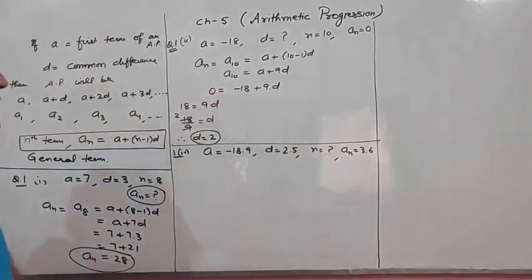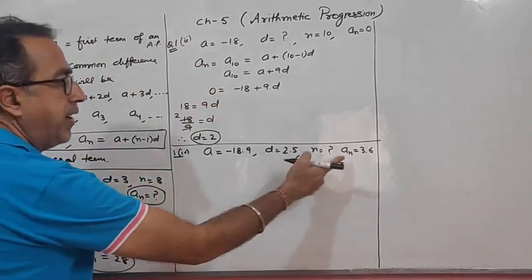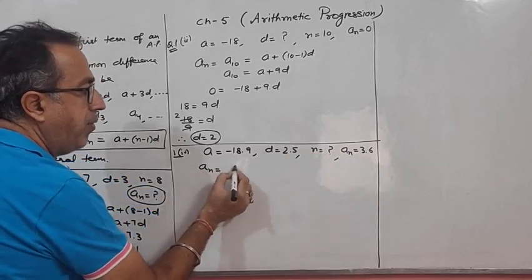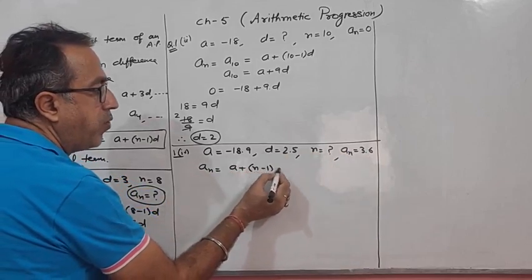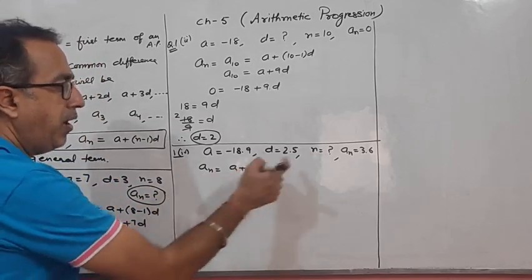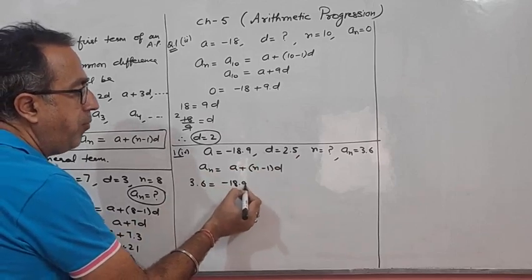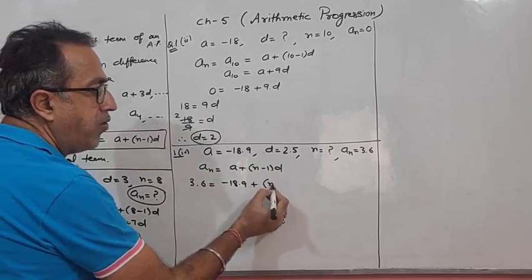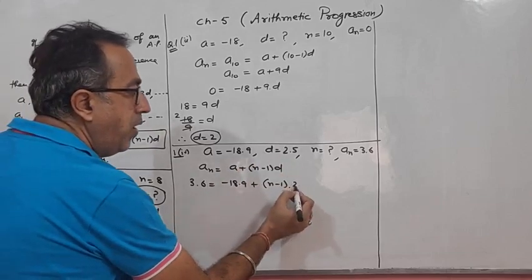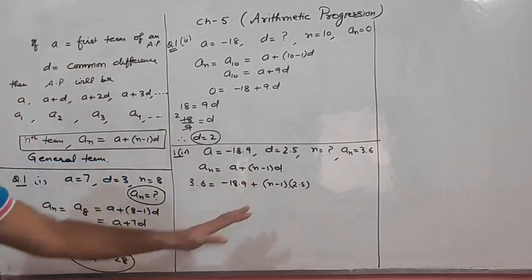We have to find n. So again the nth term is given, 3.6. Again by the formula, nth term is a plus n minus 1 into d. Put all the values: an 3.6, a minus 18.9, n this time is not given, n minus 1 as it is, d 2.5. Now solve this for n.